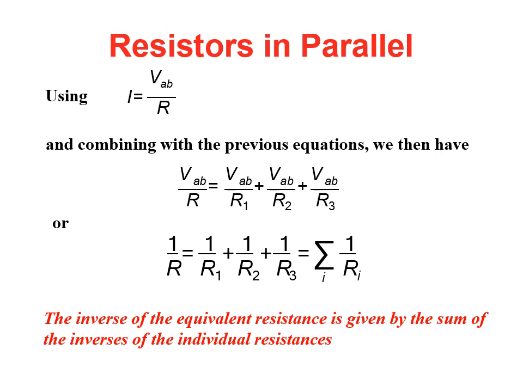So I1, VAB divided by R1, plus VAB divided by R2 for I2, and VAB divided by R3 for I3. Or you can use this equation to calculate the equivalent resistance.